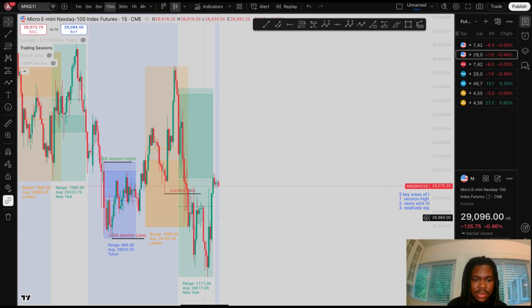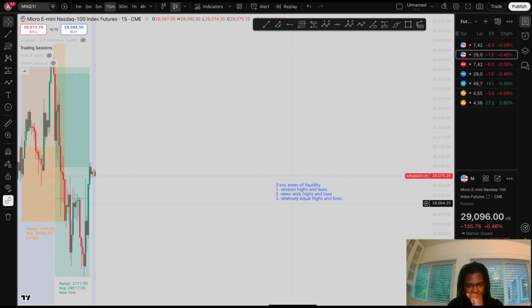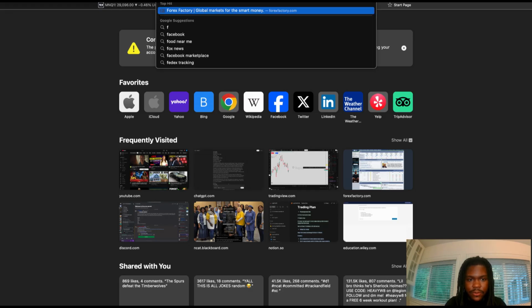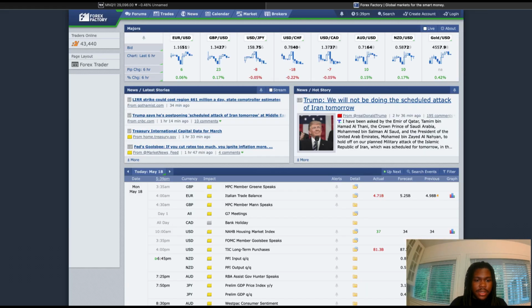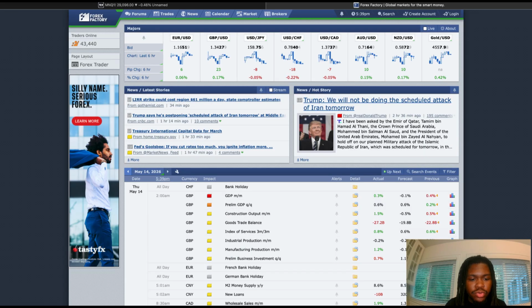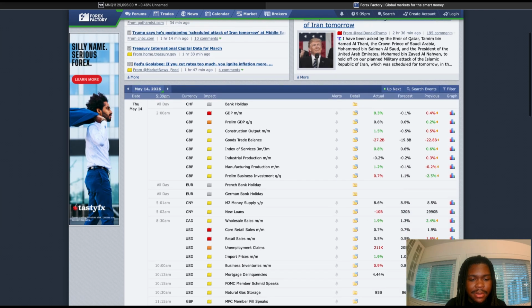So let's get rid of these so you won't get confused. And now we have news week and news week highs and lows. What I like to use for news is forexfactory.com, where you can see all the key news dates or key news events.